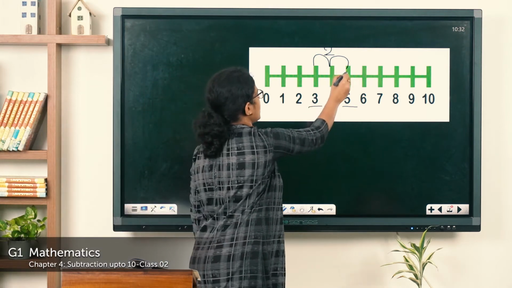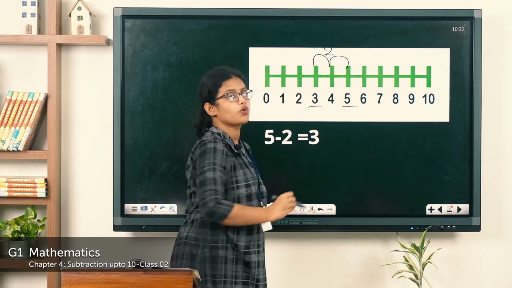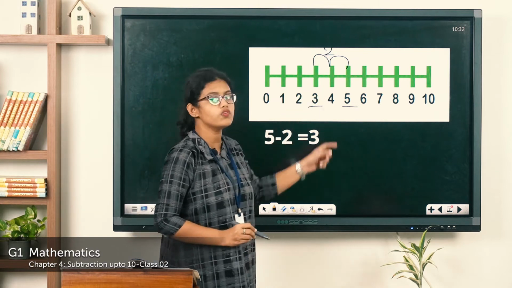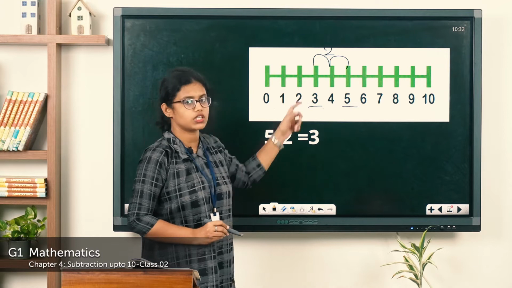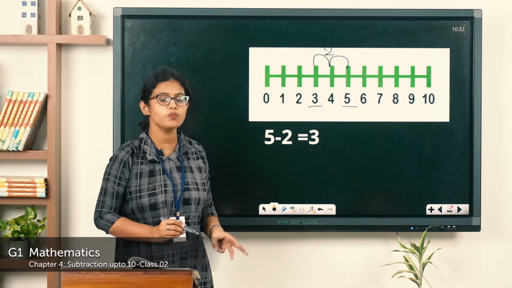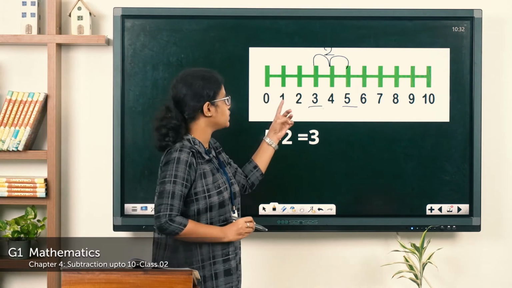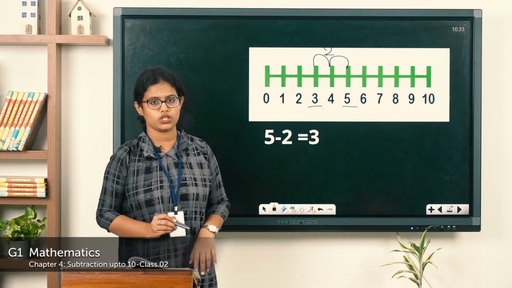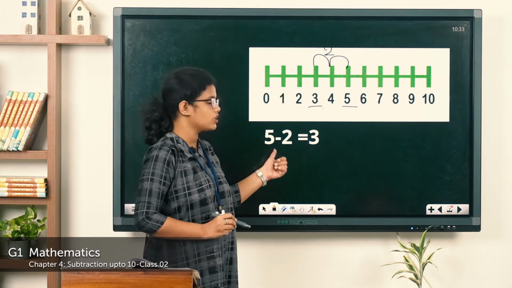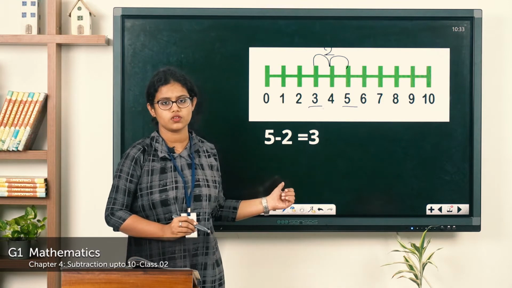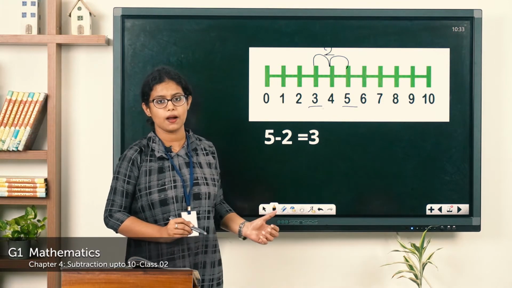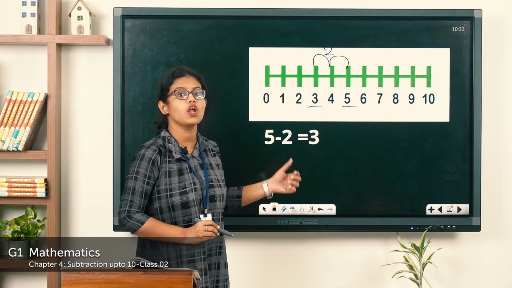You cannot jump from 5 to 3. You can just move 1 unit. That is 5 to 4, 4 to 3. And you hopped 2 steps and you reached at number 3. So here you are taking away 2 from 5. So you always get a number which is lesser than 5.